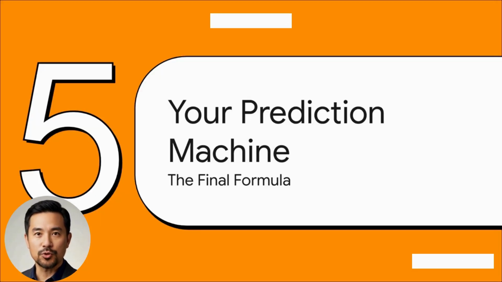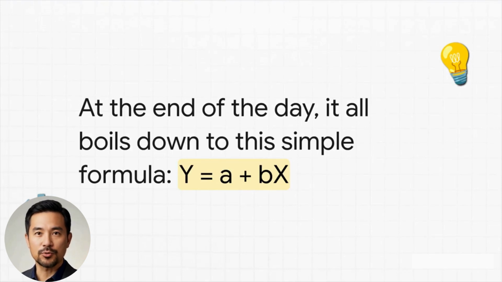So, after all this hard work, minimizing errors, fitting planes and hyperplanes, what's the final result? What does the algorithm actually hand over to us? It's something surprisingly and beautifully simple: a formula. Yep. At the end of the day, all of that complicated stuff boils down to this one simple formula. You probably remember this one from high school math class, right?